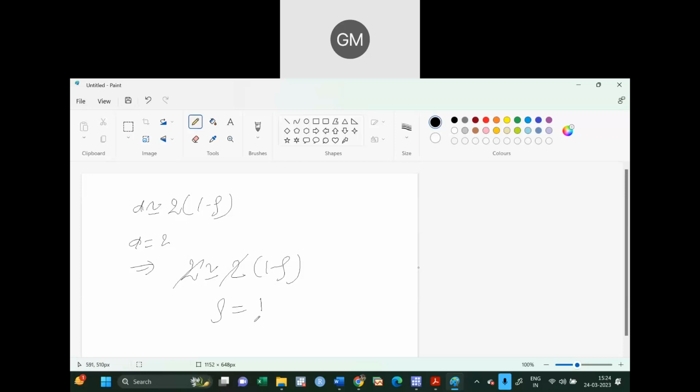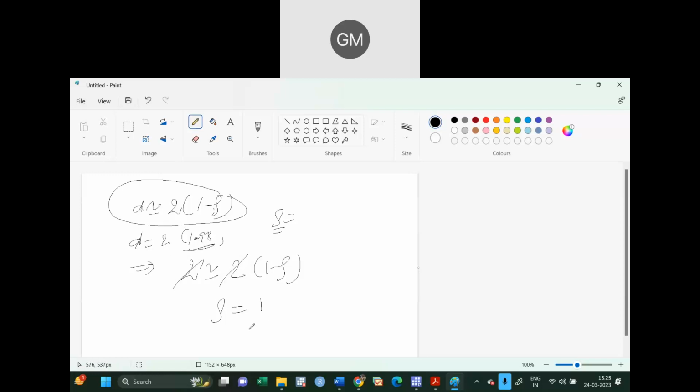No, 1 minus rho. I'm forgetting the equation for this. I think this is how it should be. D is equal to 2 if the Durbin Watson value is coming out to be equal to 2. But anyway, in our case, it's 1.98. Yes, this is how we write it. But it's coming out to be 2.